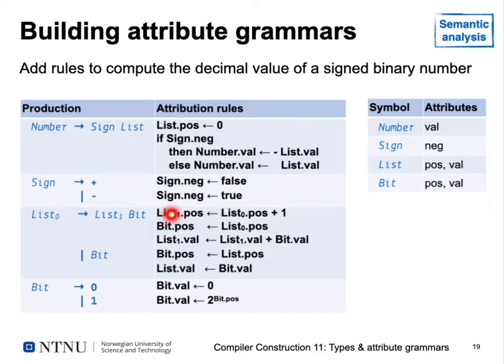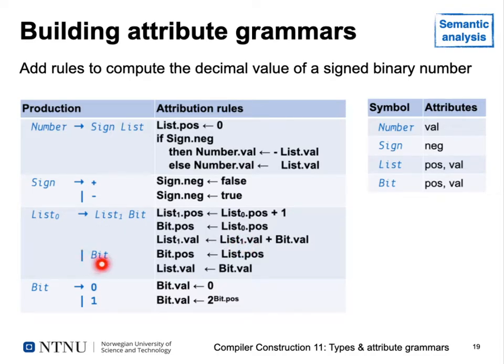Our position, the position we are constructing in our binary string, is incremented by 1. We store the position of the list, and we take the value.